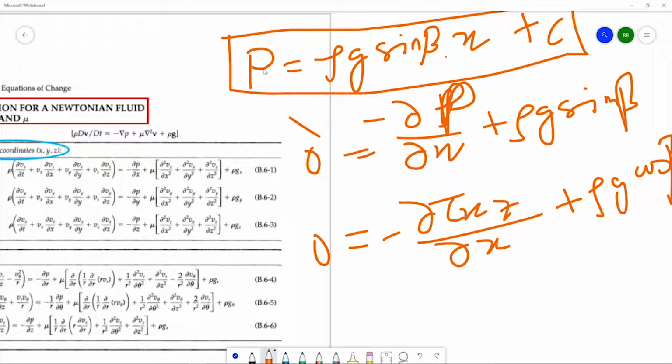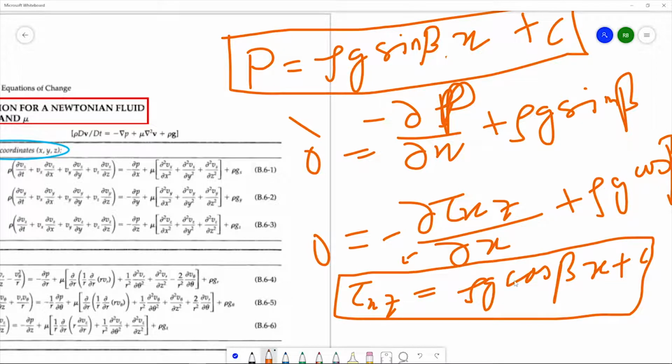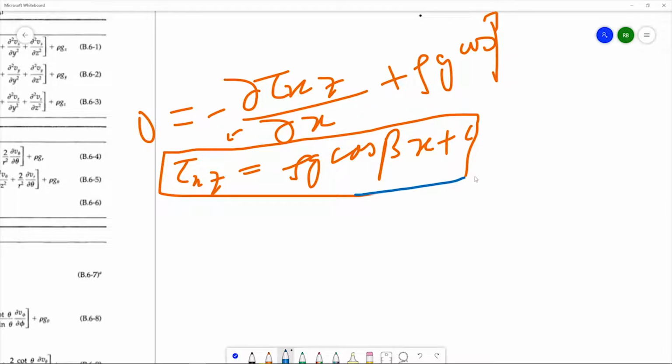Okay, so if you solve the second equation, then you'll get tau xz is equal to rho g cos beta x, right? So x plus c. Right? So you have found the shear stress equation.